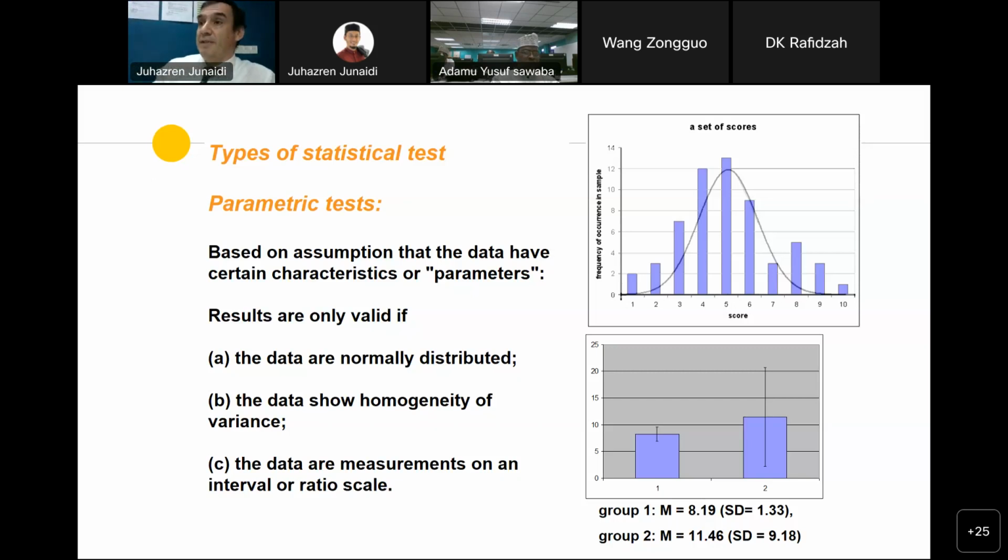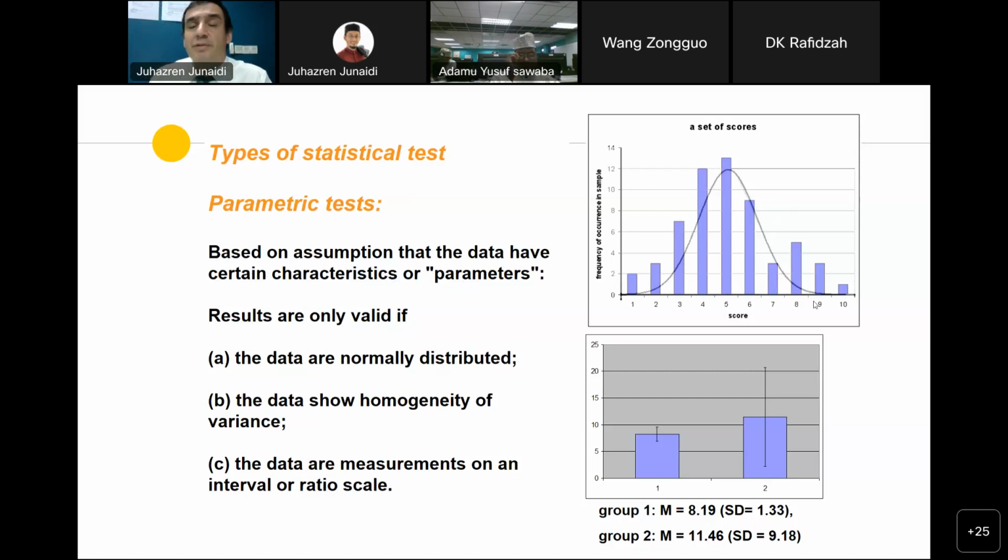Now, when we say parametric tests, we mean tests that are related to the population measures. So based on the assumption that the data have certain characteristics or parameters, results are only valid in the parametric tests. Results are only valid if the data are normally distributed, okay?